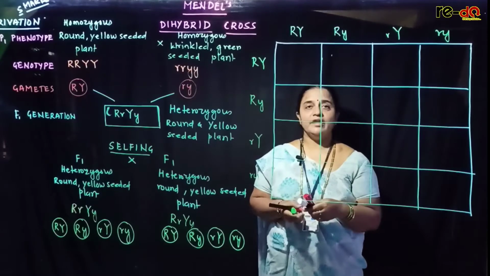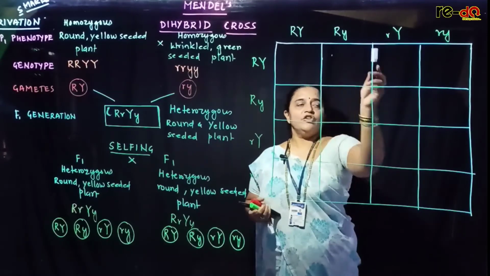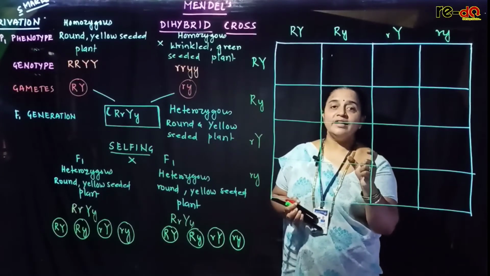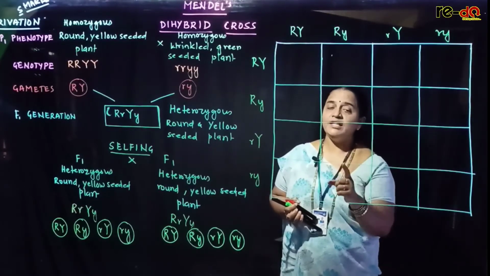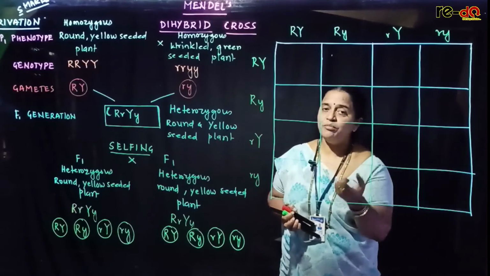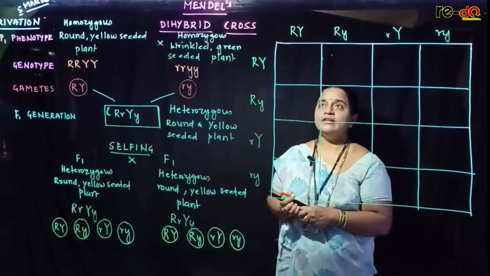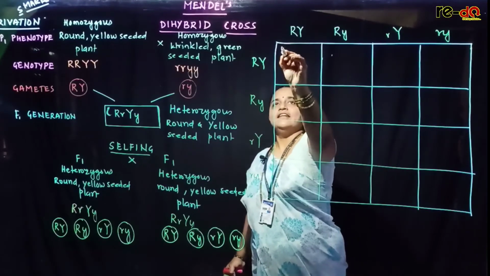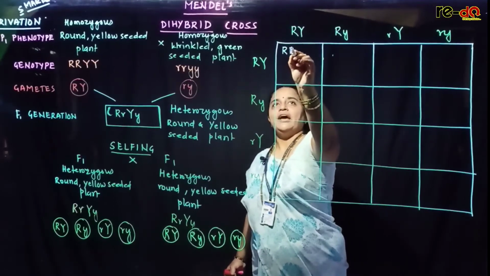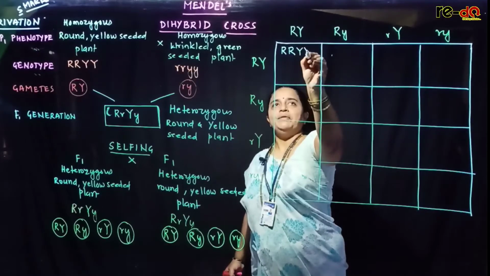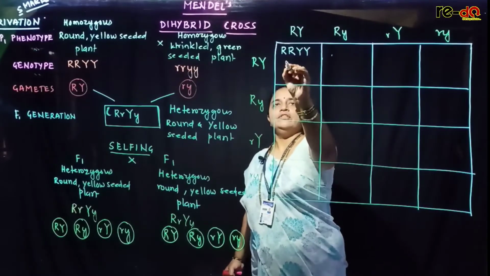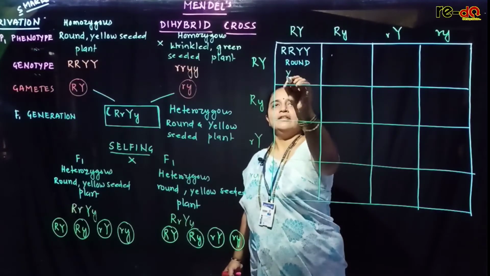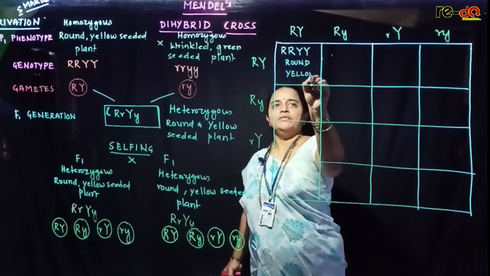Here when we write its combination, I already told you, consider two similar letters together. In that, first we need to write capital showing it is dominant and then small letter. So when these two fertilize, it will come capital R, capital R, capital Y, capital Y. So this will be round yellow.